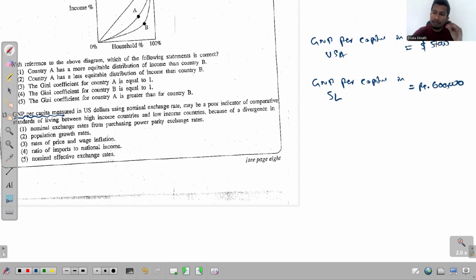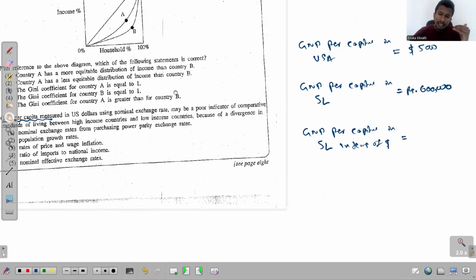Now you can't make comparisons by using two different values that have two different units of measurement. Now you need to get these two values under the same unit of measurement. Let me convert this GNP per capita in Sri Lanka into, let's say, dollars.